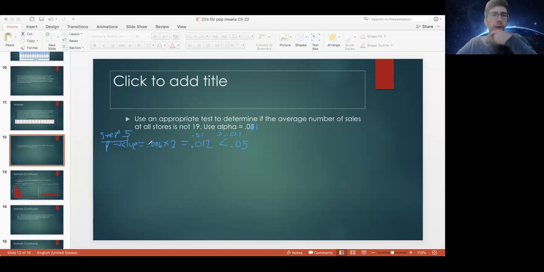But calculating the p-value properly with our calculator, plugging in the exact number of degrees of freedom and the exact t-value, can impact step 5 and our step 4. So it's best to use the calculator to calculate that p-value for these hypothesis tests.